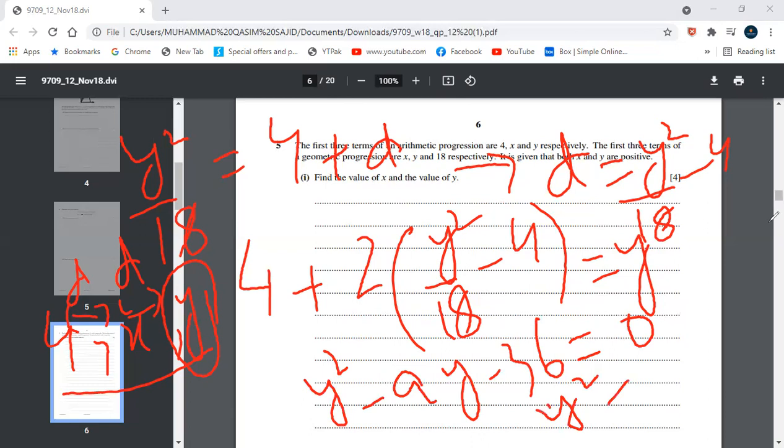What will be the factors? 12 and 3. Minus 12 plus 3.